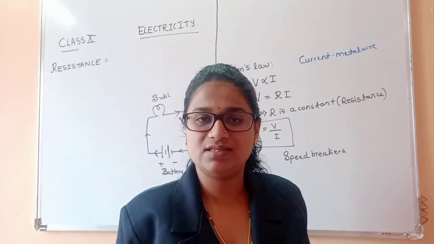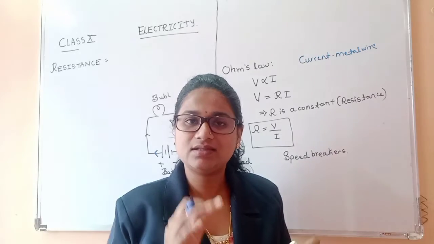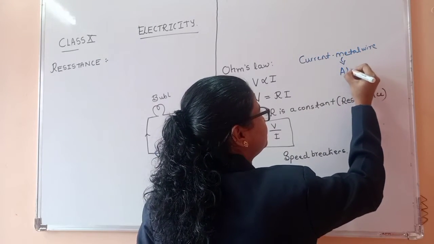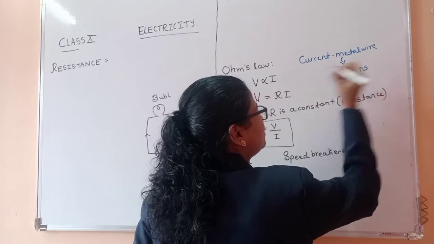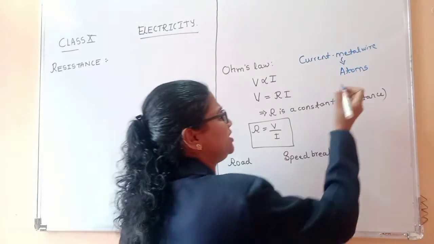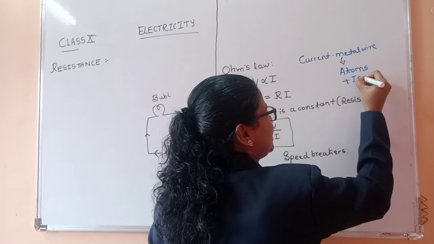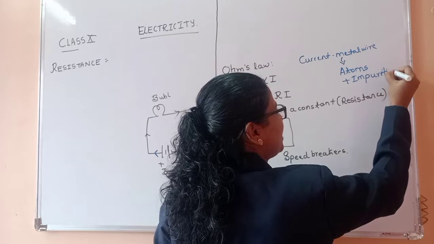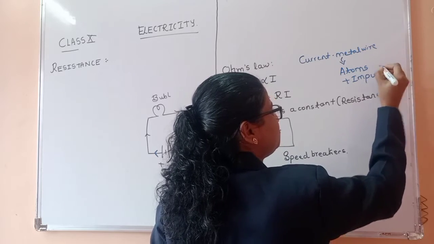In the ninth standard we learned that these metals contain atoms as well as some impurities. We will not get any metal in its purest form, so you will be having some impurities.